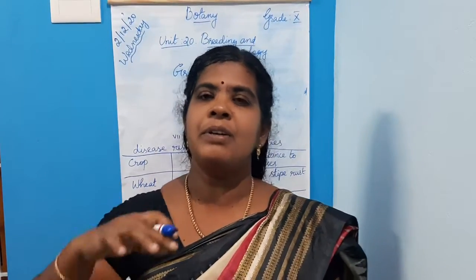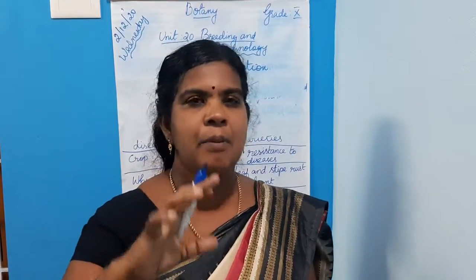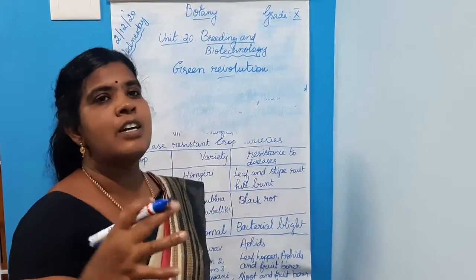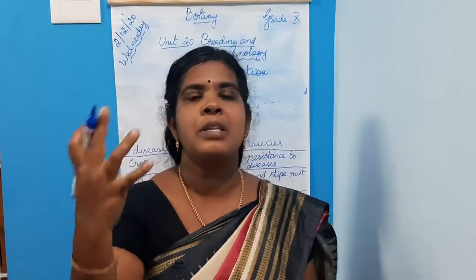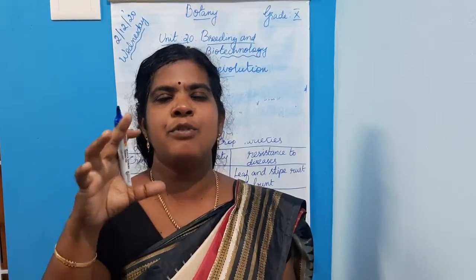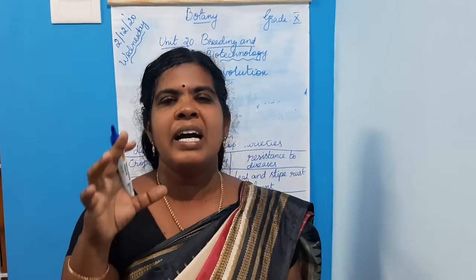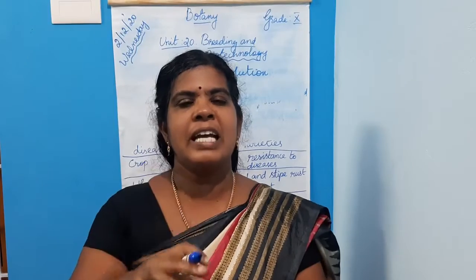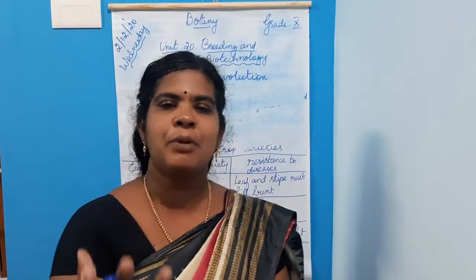The aim of plant breeding is to increase food production or to improve the quality of food. When we plant the higher yielding crop varieties, what will be the production?